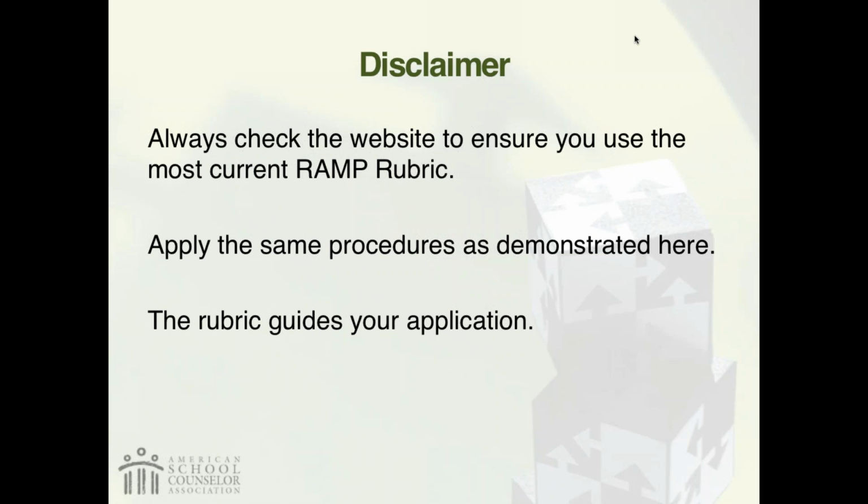Regardless, though, if the RAMP rubric is tweaked or not, the procedures and the suggestions we make in this webinar apply. It's really, really important that you use the rubric to guide your application, because it's what the reviewers are going to use to evaluate your application. It's very specific, it's very concrete, and you really must follow it to the T.